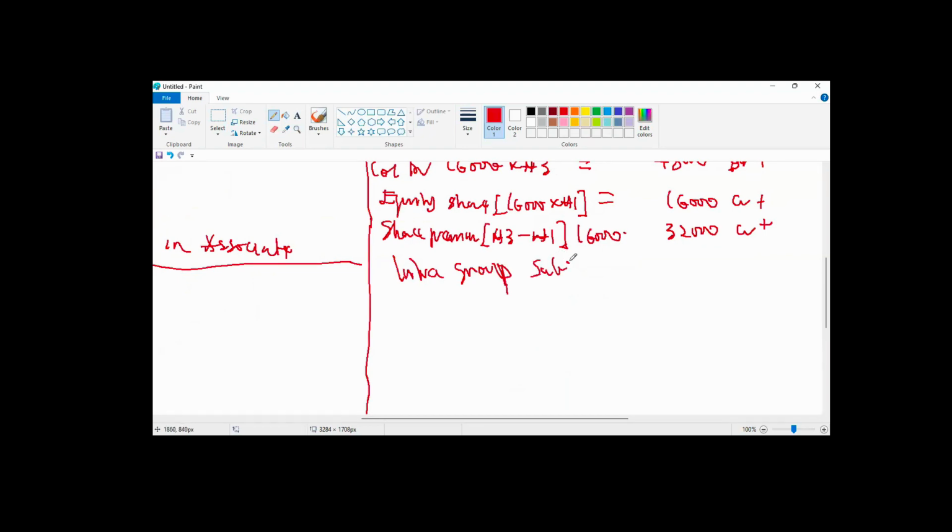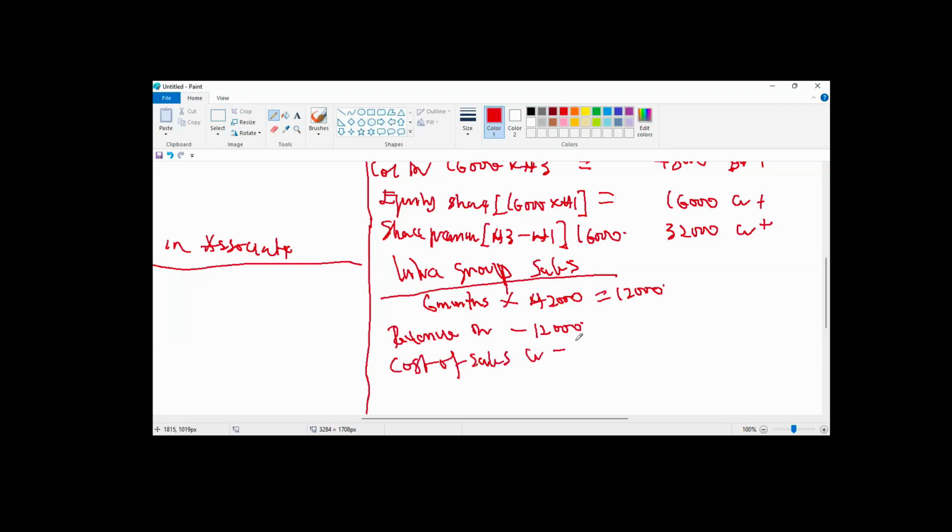He said 2 million per month, and we have 6 months, so 6 times 2 million equals 12,000. First of all, revenue debit minus 12,000. You cannot sell to each other. Cost of sales credit minus 12,000. You can post that.